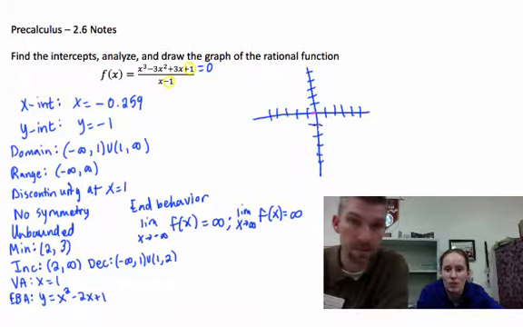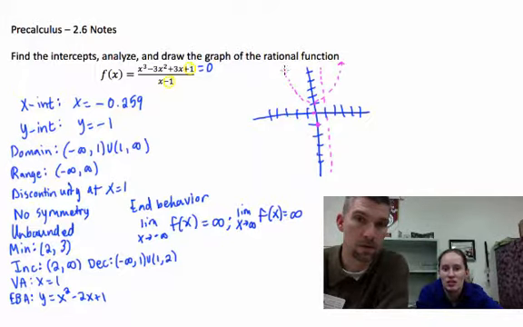Y equals negative 1, we've got a point. We've got an asymptote here at 1. And then our other asymptote is y equals x squared minus 2x plus 1. I know that that goes through 1, and so basically it's going to be a parabola that opens up, something kind of like this.